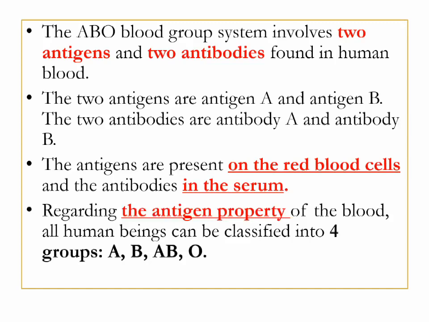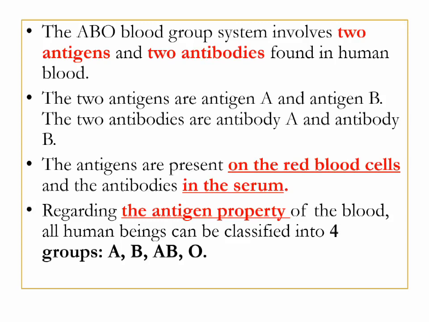So regarding the antigen property of the blood, all human beings can be classified into four groups: blood group A, blood group B, blood group AB, and blood group O. And as we have said, the name of the blood group comes from the name of the antigen.